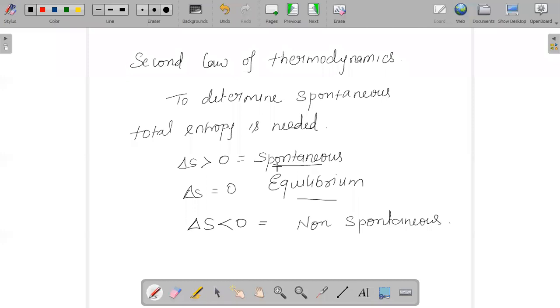So it is important to note how the entropy is getting affected, and what the conditions of entropy are for the reaction to be spontaneous, non-spontaneous, or at equilibrium. The conditions are very important.